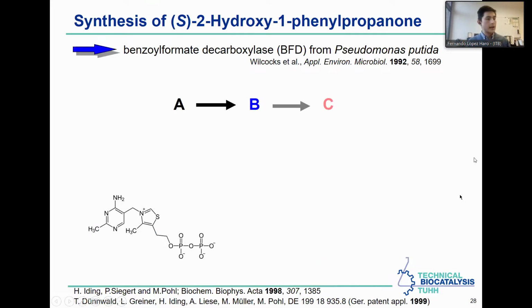Right. Full disclosure here, in this previous reaction, you would need this cofactor that we see here on your screen. This is a cofactor called thiamine diphosphate, and some of the lyases used in industry consume this cofactor.